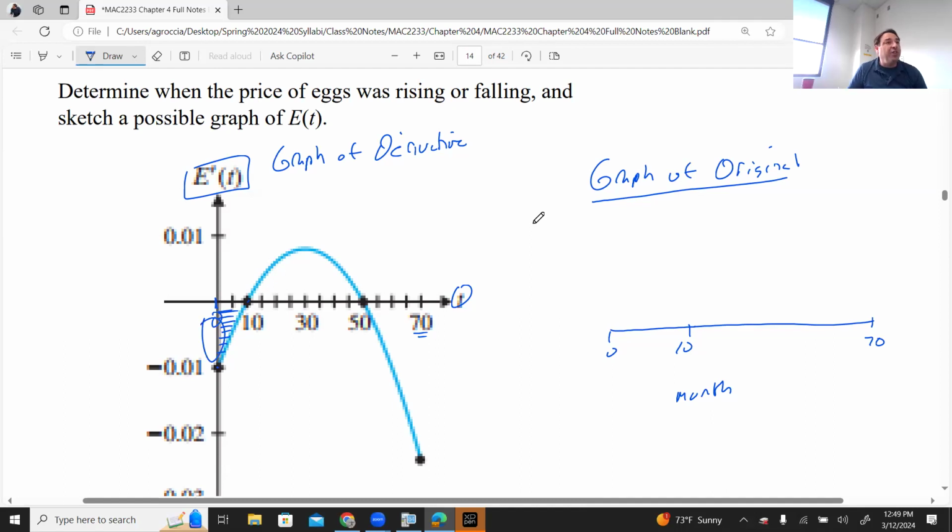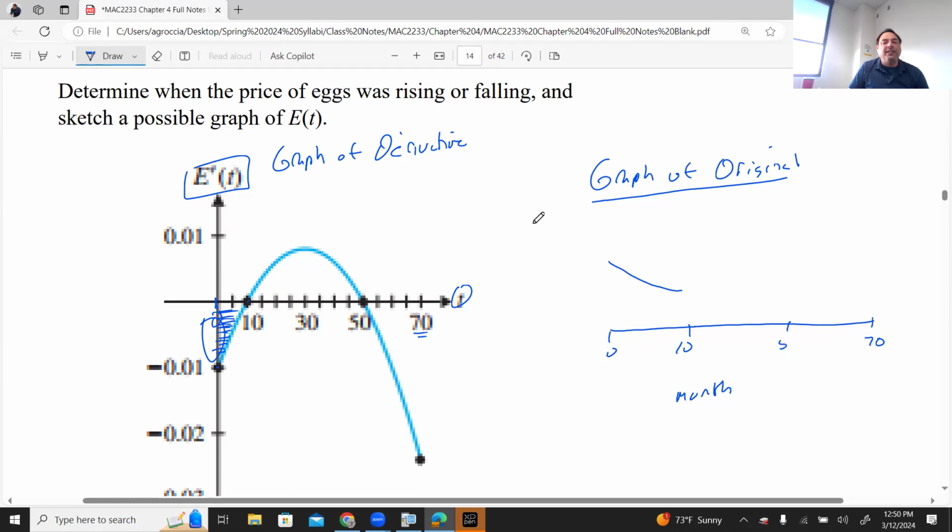When a derivative is negative, that means the graph is going downward. How do I know the graph is going downward? Because the result of the derivative is in the negative. Are we okay? Then at 10, it's 0. The derivative is 0. We'll talk about that in a minute.